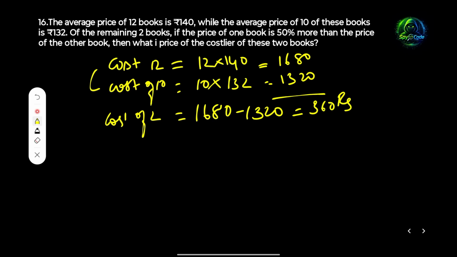Okay. Here they have given that price of one book is 50% more than the price of the other book. So A is to B. So one book price is 100 and other book is 150.